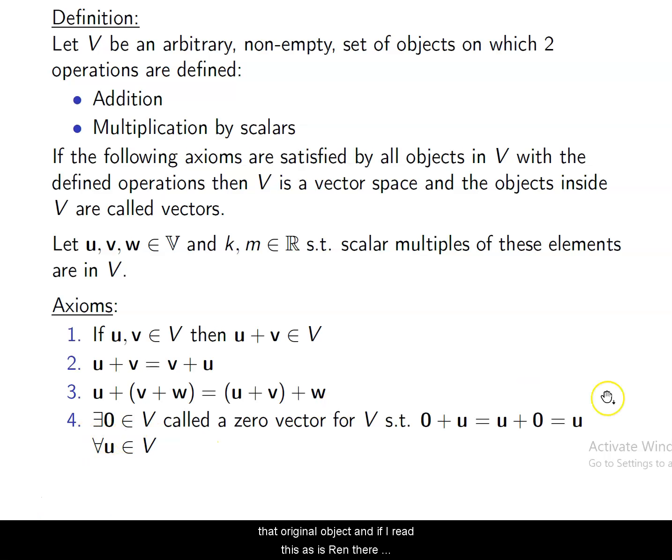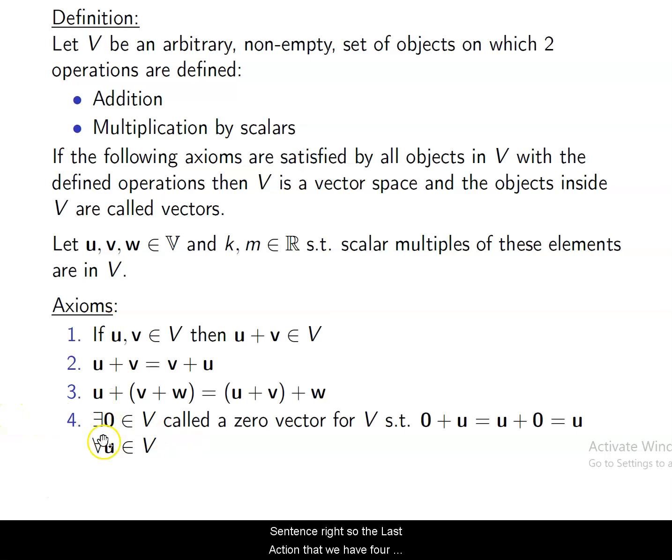Now if I read this as written, there exists a 0 in V called the 0 vector for V, such that 0 plus u is equal to u plus 0 equals u for every u that is in V. That's how we would typically write that. The previous explanation was in more layman's terms. This is how we interpret this sentence.